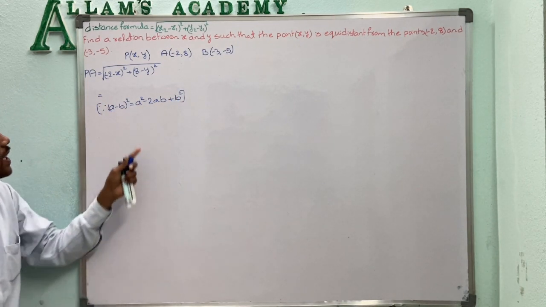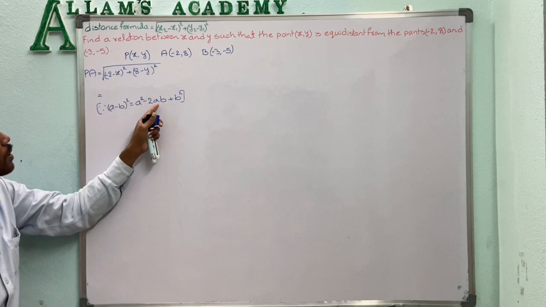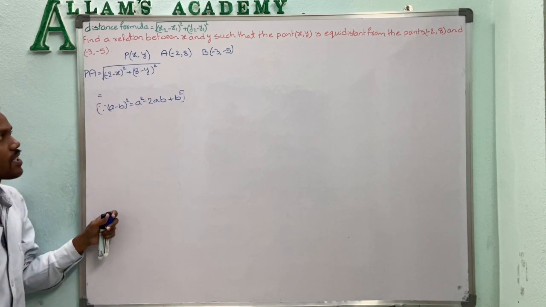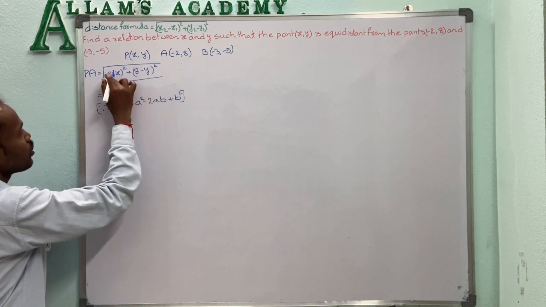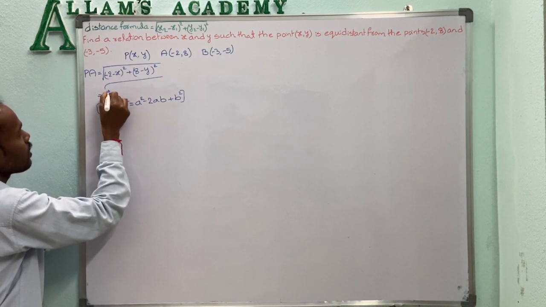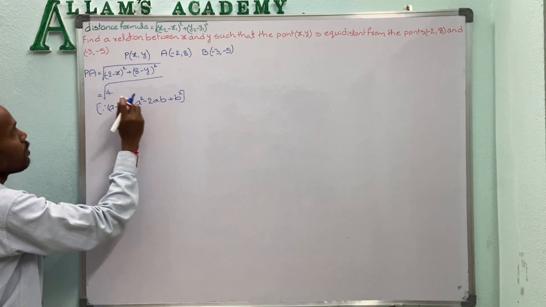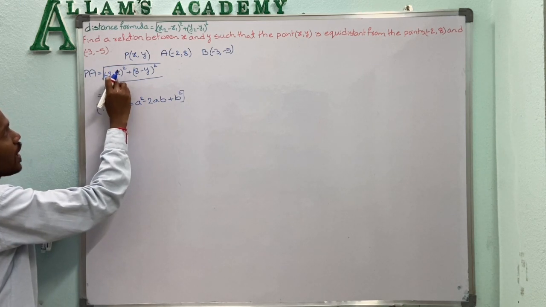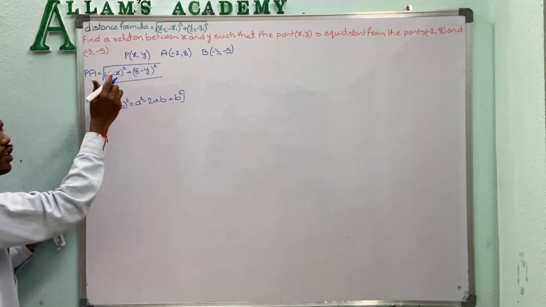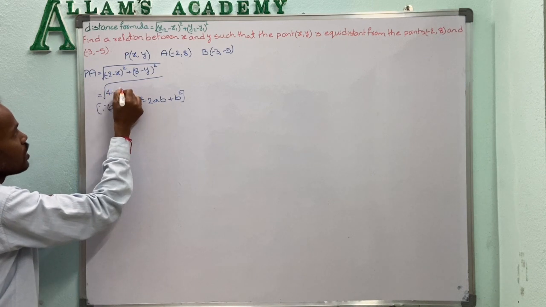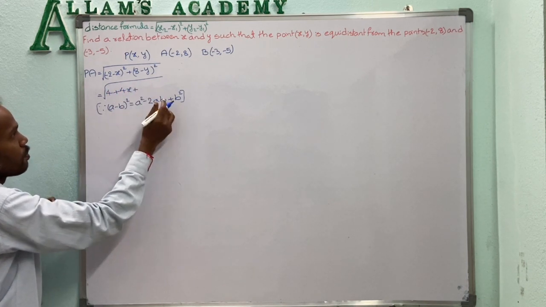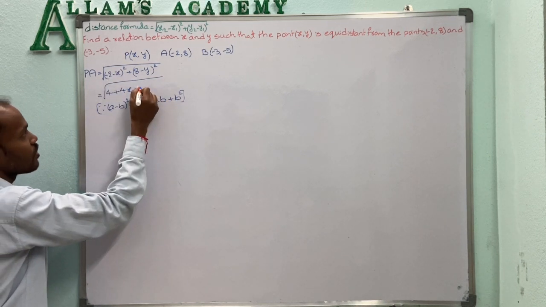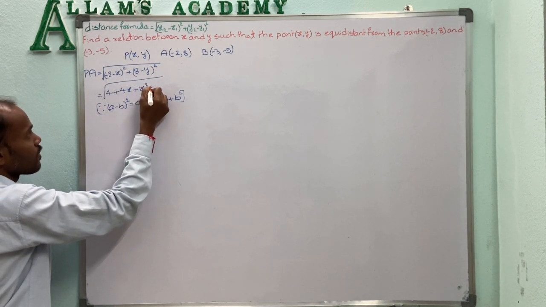So here a is equal to minus 2 and b is equal to x. So a square, minus 2 whole square, that is nothing but plus 4, minus 2ab, minus 2 into minus 2 into x. So 2 into minus 2 is minus 4, with the minus sign it becomes plus 4x, plus b square, b is equal to x, so x square.